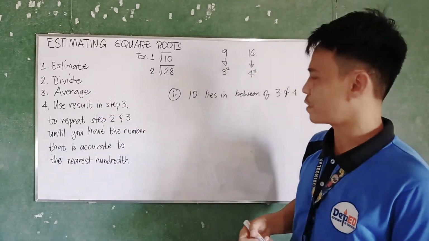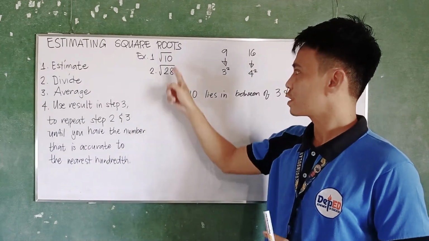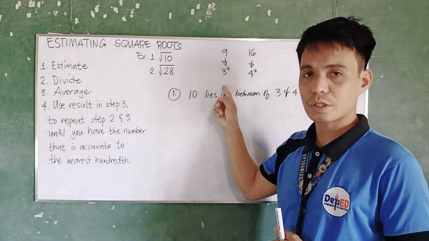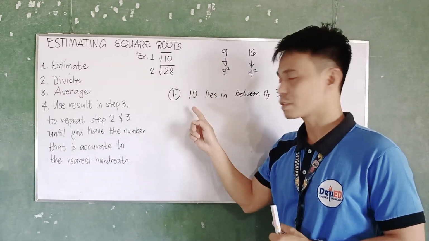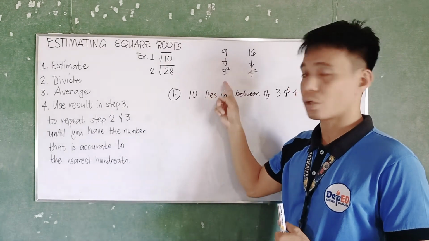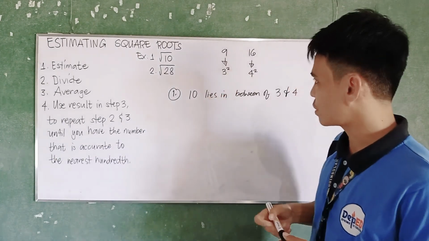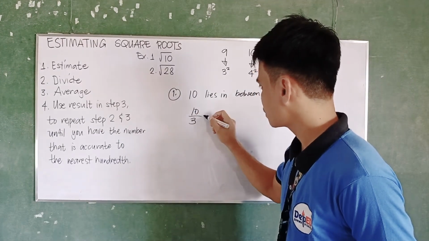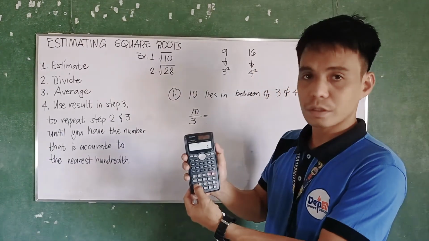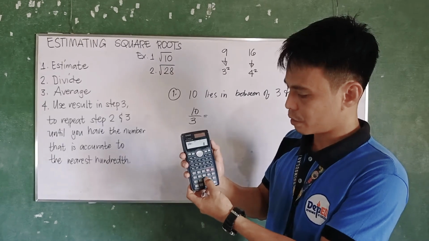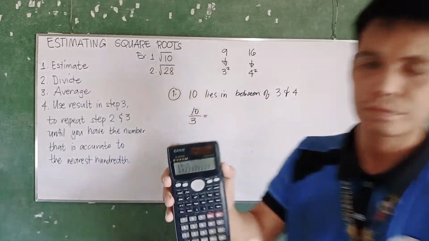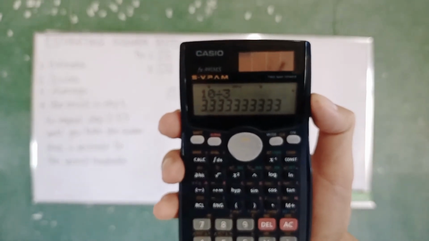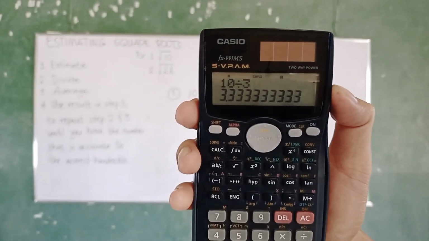So what's next is to divide. Number 2 is to divide. Di-divide natin yung 10 by the lowest root kung saan pumagitna. So therefore, 10 divided by 3 is equal to 3.33333 and so on.